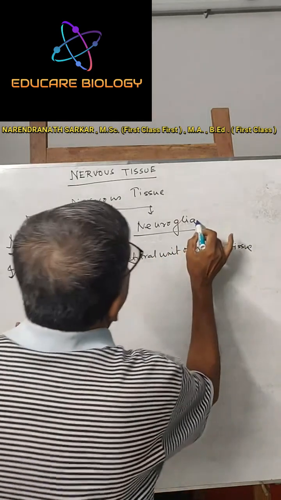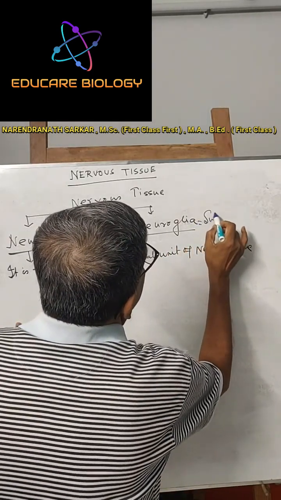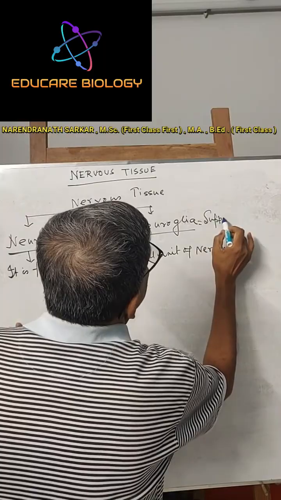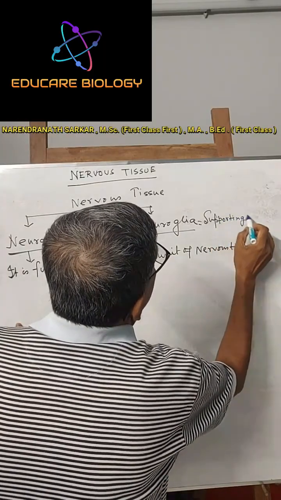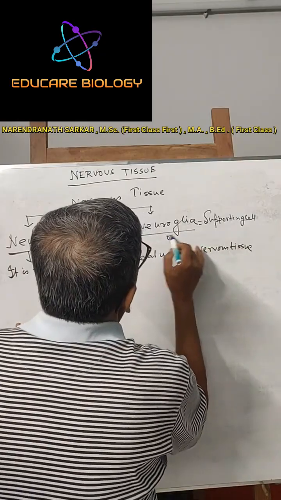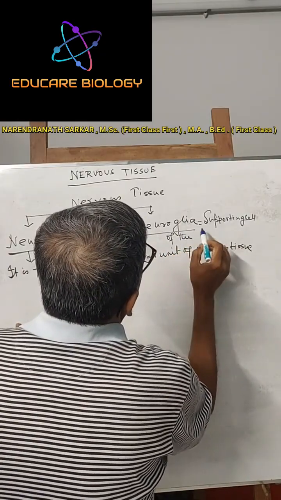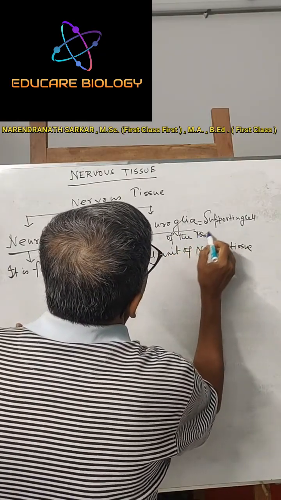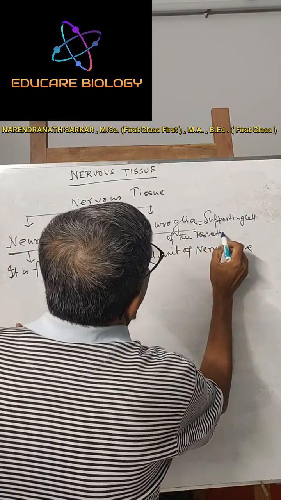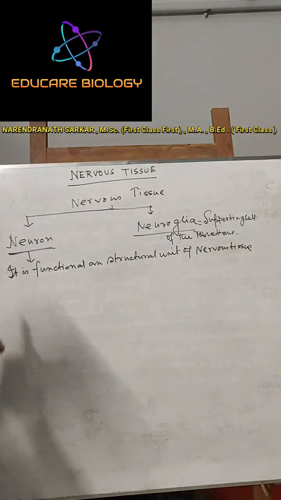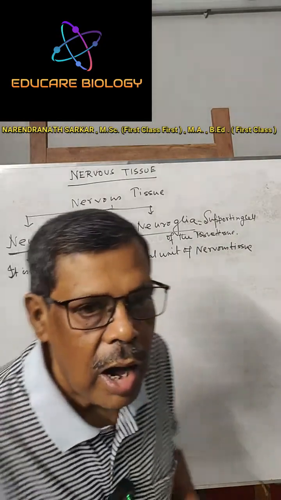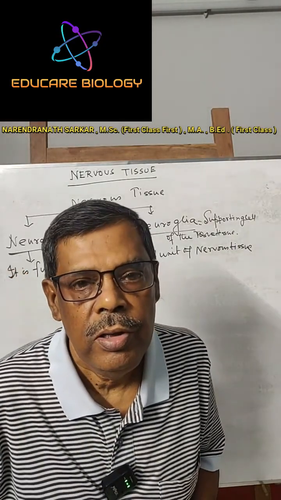Neuroglia is the supporting cell of the nerve tissue. Next, I will draw the figure of neuron.